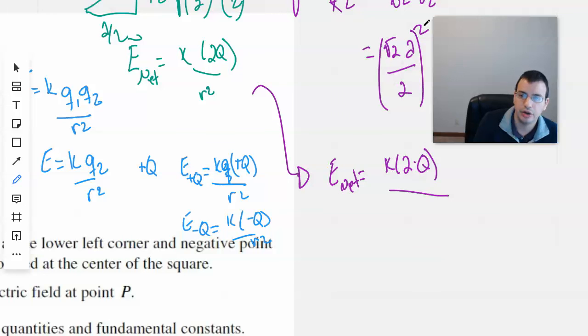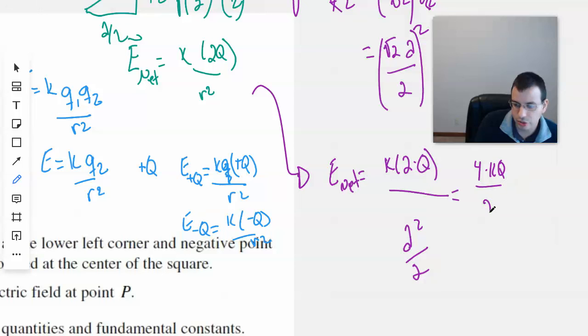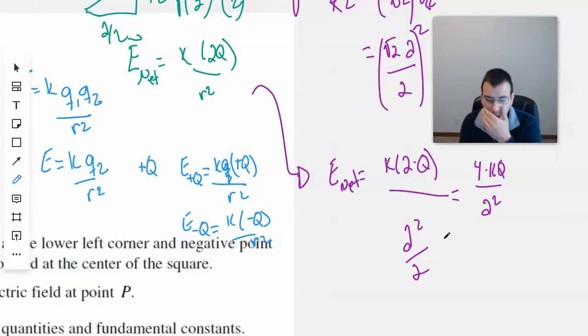I'm going to go back to this one and do it squared. So we'd have A squared over 2, multiplying by the reciprocal. So we'd have 4KQ over A squared. Yep, that makes sense.